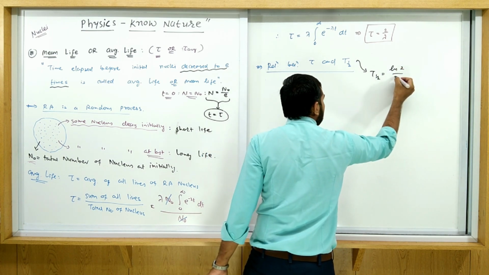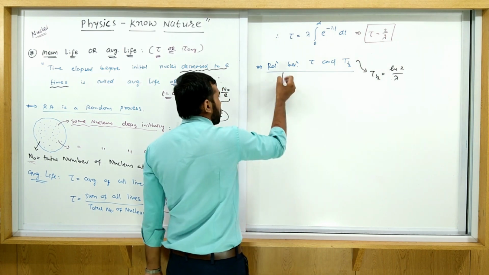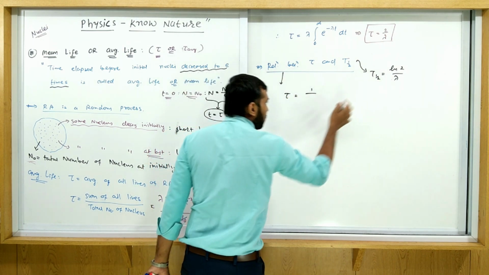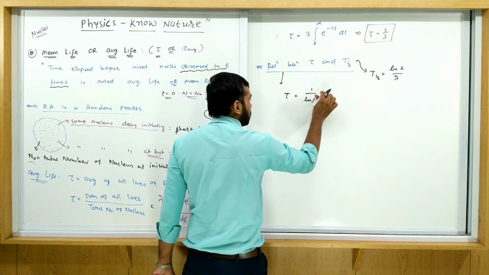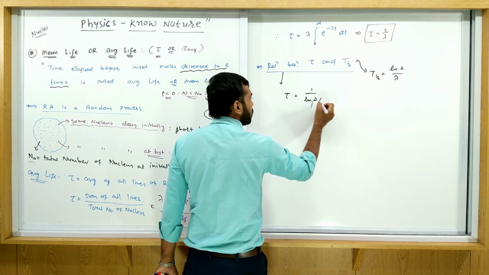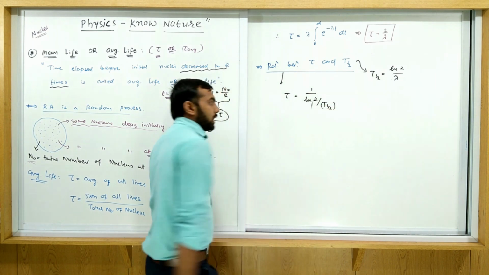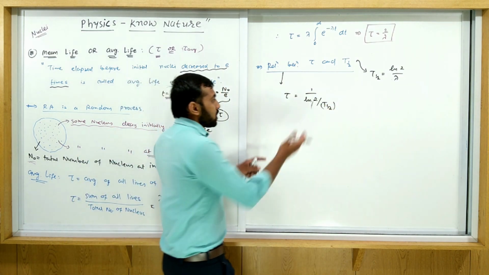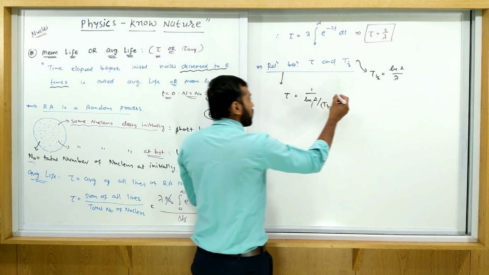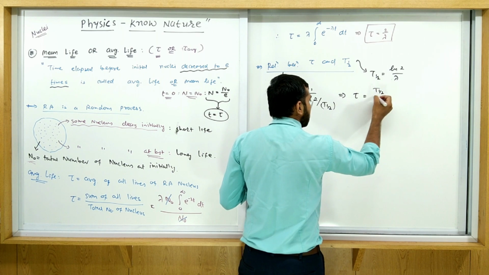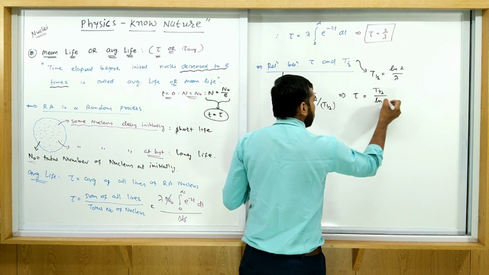So eliminate this lambda from this equation. So tau is equal to 1 upon lambda, which is equal to t 1/2 upon ln 2. The denominator comes to the numerator, so tau is equal to t 1/2 upon ln 2.